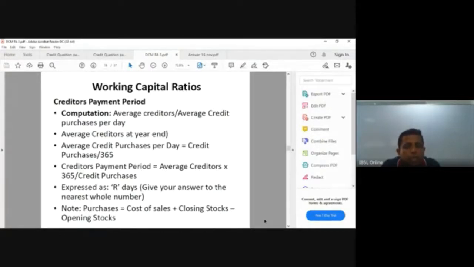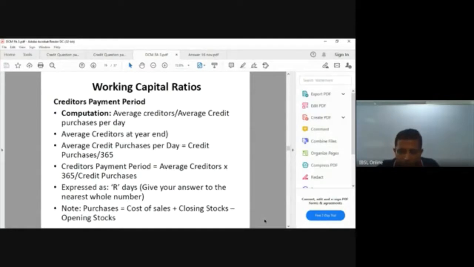How do you calculate? Creditors payment period equals average creditors divided by credit purchases, into 365.